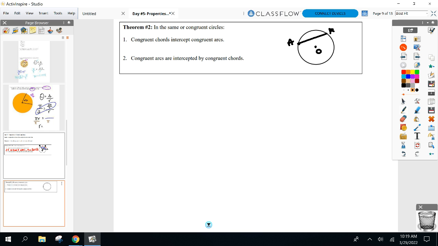And then draw a second chord CD anywhere else in the circle, but kind of make it look congruent to AB. So you have two chords, AB and CD, and they're congruent to each other. Let's mark them congruent with our hash marks.